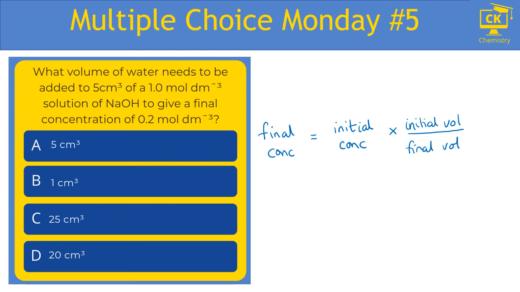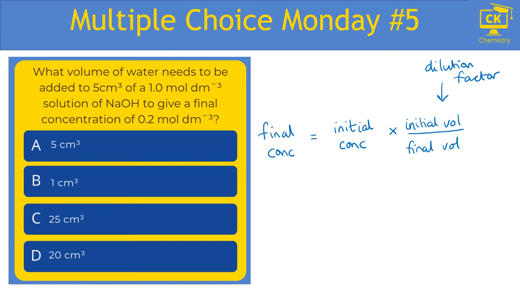That initial volume divided by final volume is what we were working out when we worked out our dilution factor. We worked out that it was 5 times diluted, so if our initial volume was 5, our final volume had to be 25.